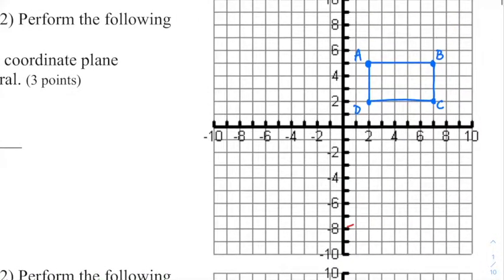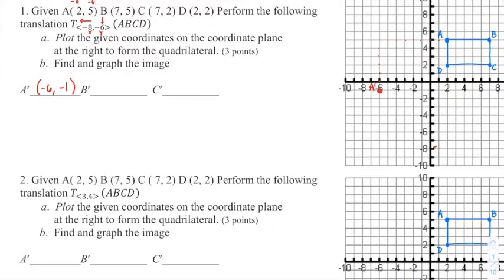So if we take this, left 8 units, 1, 2, 3, 4, 5, 6, 7, 8, and then down 6 units, 1, 2, 3, 4, 5, 6, A prime will be right there at -6, -1.